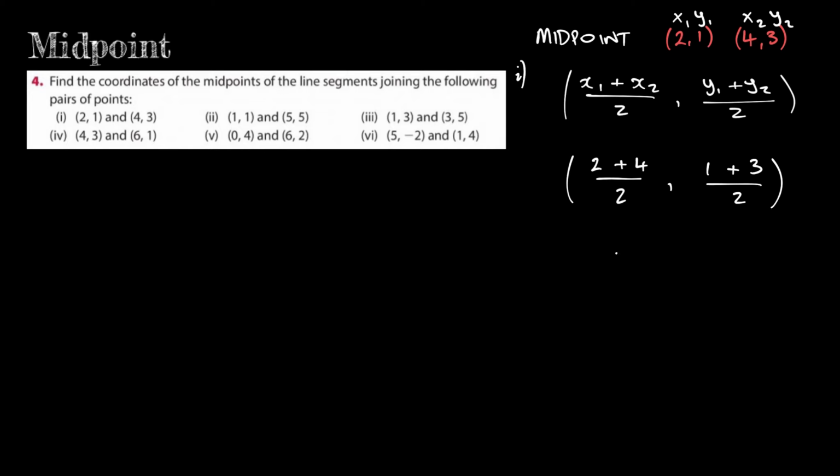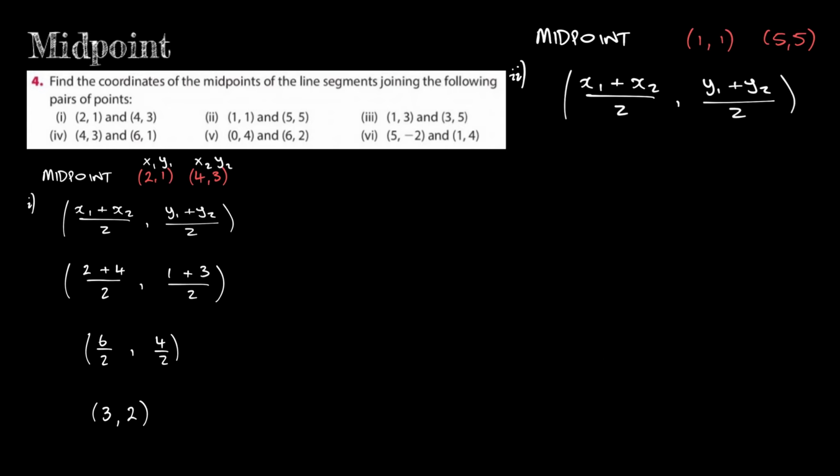Add them together, we get 6 divided by 2, and we get 4 divided by 2. 6 divided by 2 leaves us with 3, 4 divided by 2 leaves us with 2. So the midpoint of those 2 points, my answer would be 3, 2. So I'm going to give you a couple of minutes there to try the next few, right?